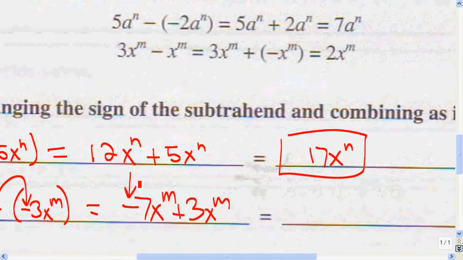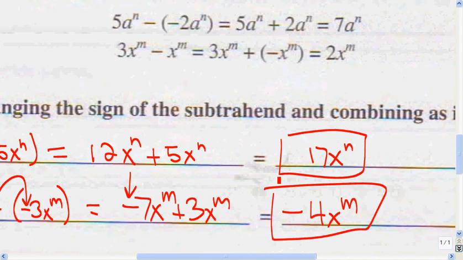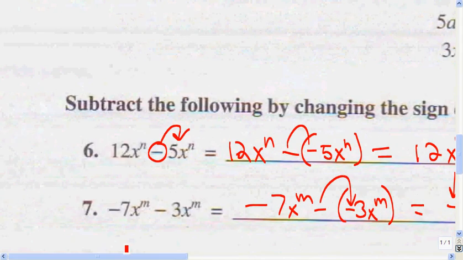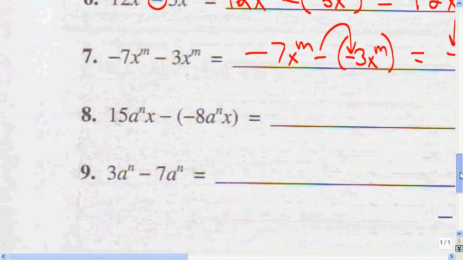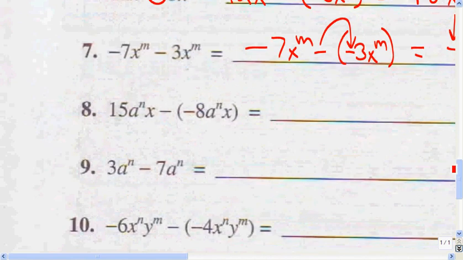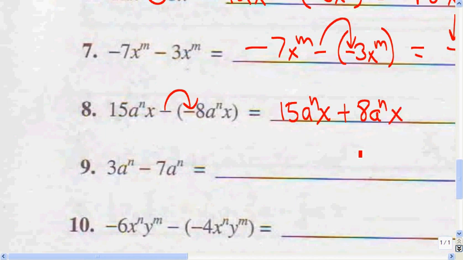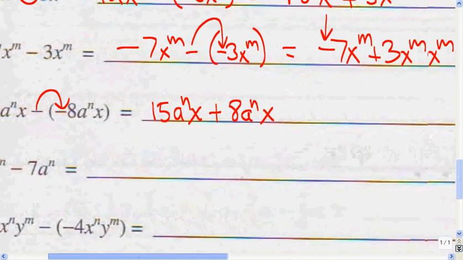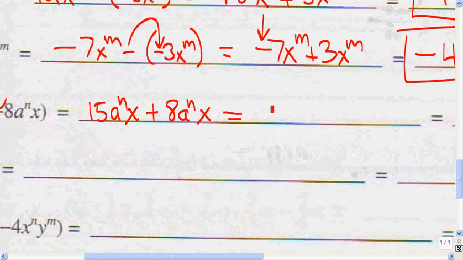Since the bigger number is negative, my answer is negative 4xm. Next, 15anx minus a negative 8anx. Subtract the negative, so we get 15anx plus 8anx. 15 plus 8 equals 23, so 23anx.